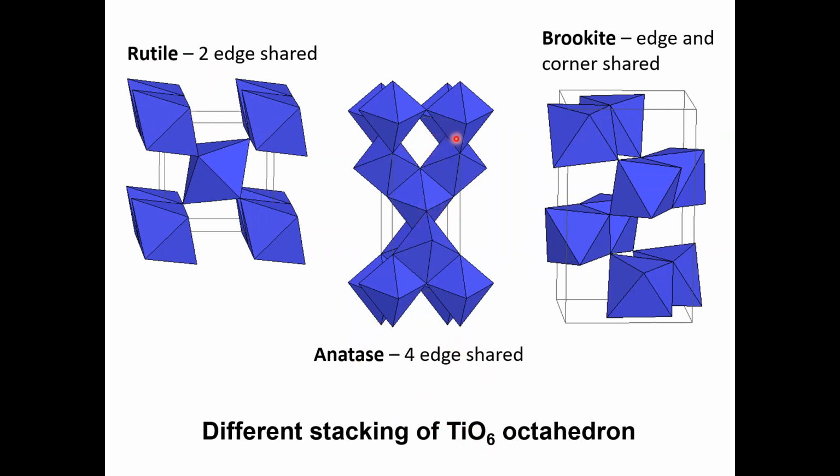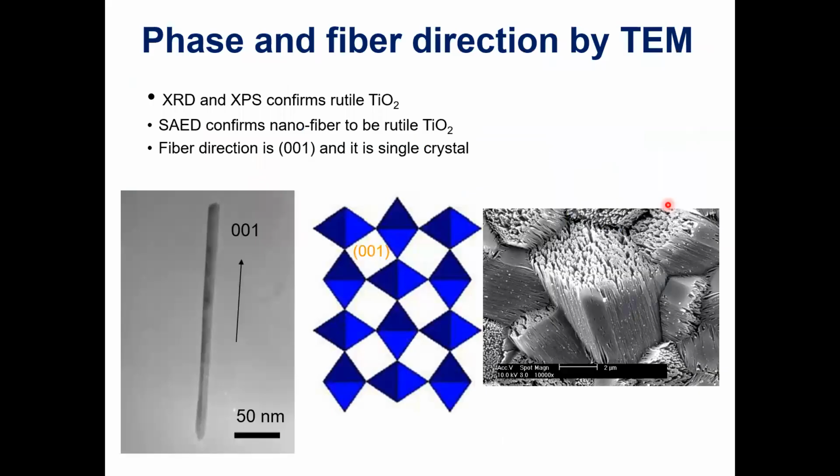Because of this sharing and how these octahedra are connected to make the three-dimensional structure, there is a distinction between rutile and anatase. There is also a phase called brookite, which is both edge and corner shared. These are different polymorphs of TiO2, and in this case we are working with rutile TiO2.